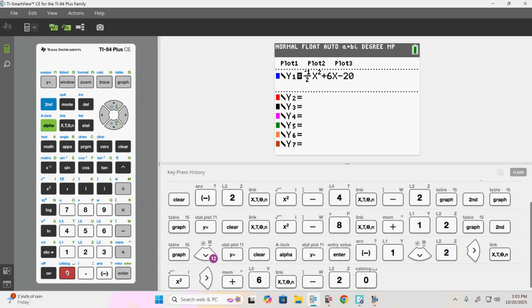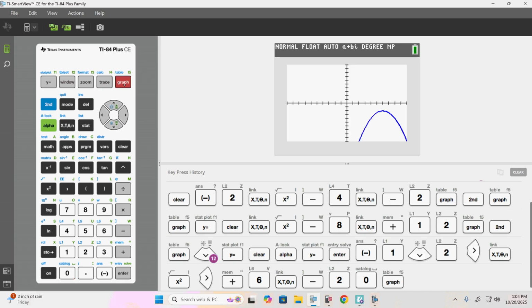So alpha y equals enter lets us type it in as a fraction. And once you get it typed in, go on and hit graph. So we hit graph, and we get something like this here, yes?